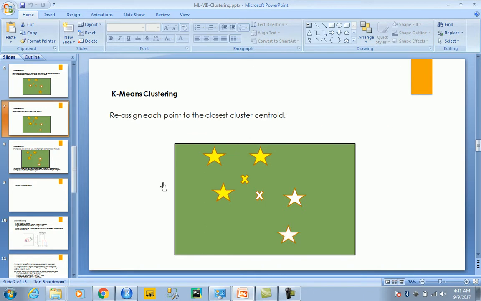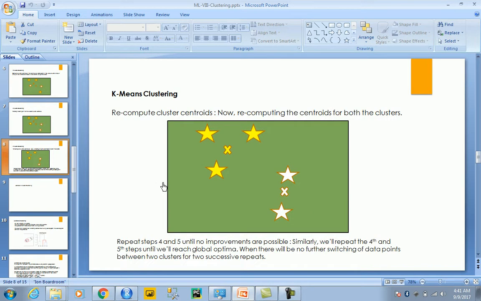Now what you see is that, based on the centroid, the new cluster becomes a bit different. Once this is done, it reassigns the clusters based on the centroid, and then it recomputes. It just keeps on repeating the process, and when there is no further switching of data points between the clusters, it ends. That's all that is happening from the algorithm perspective.